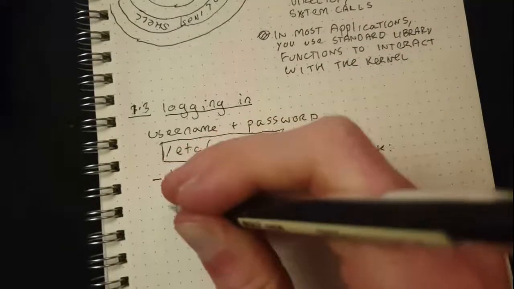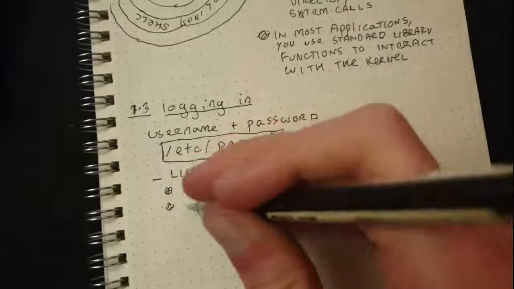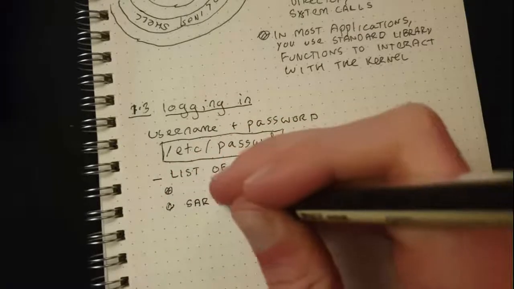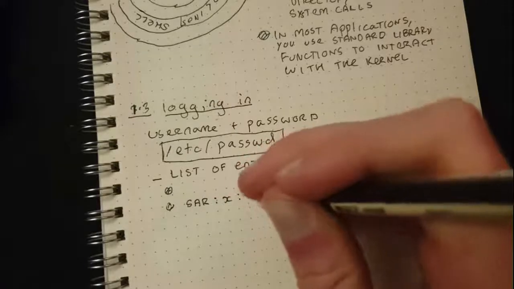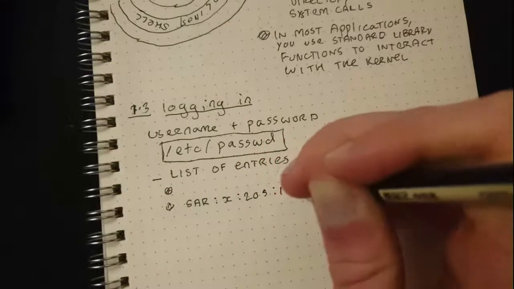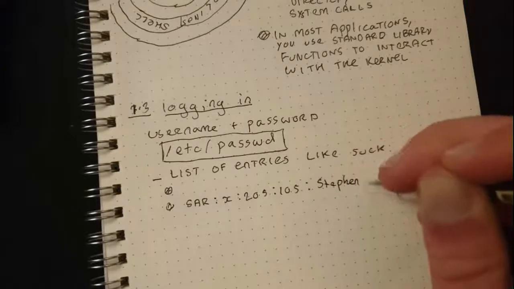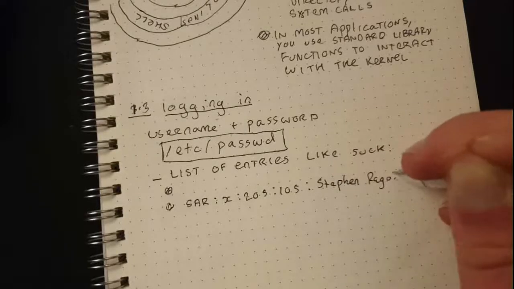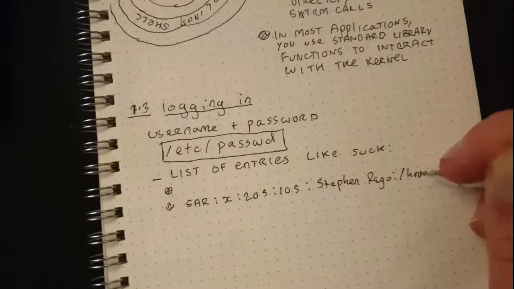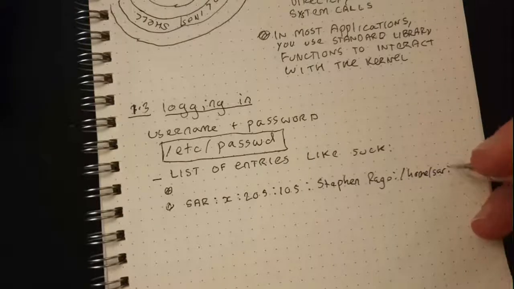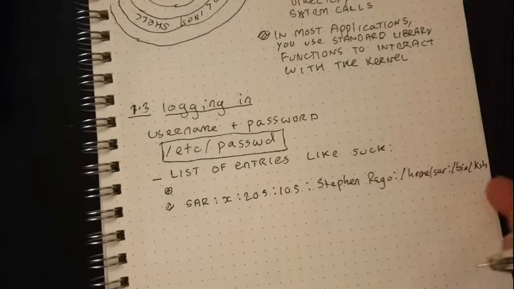So: sar:x:205:105:Stephen Rago:/home/sar:/bin/ksh.